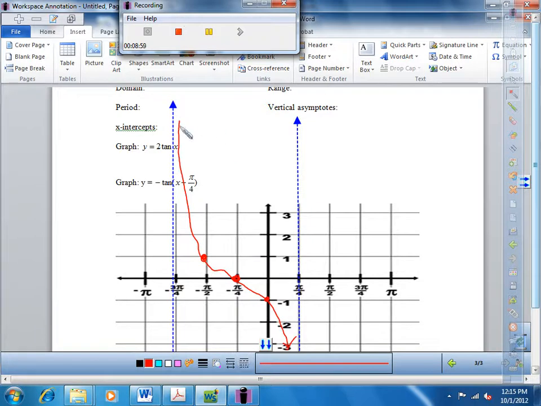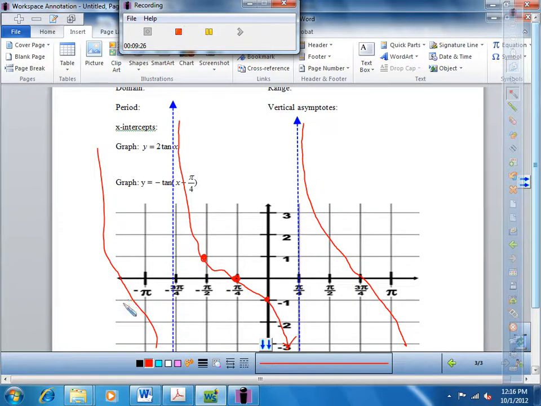So basically it shifted left pi over 4 radians and it's flipped direction. Okay? And then that's just one period of it, so then you'd want to keep going a couple times to show that you know it repeats itself every pi radians, something like that. Okay? That's what it would look like.